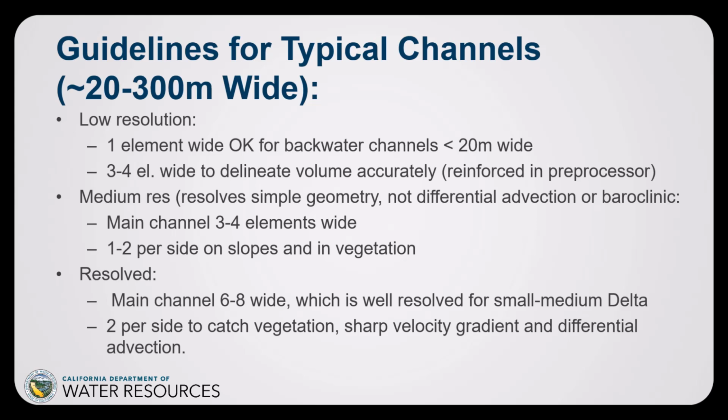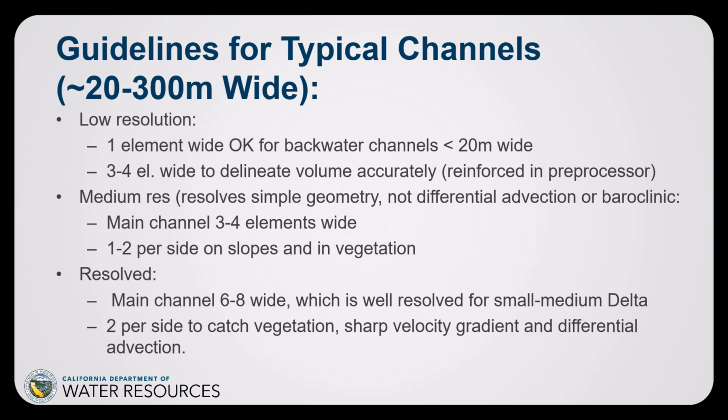Again, you would want to mesh at least 2 elements on either side in the levee or shore areas, particularly if there's vegetation or sharp gradients. And generally, you want to focus resolution towards the sides of channels at the transitions between those side areas and the main channel. No guarantees, but I hope this helps.